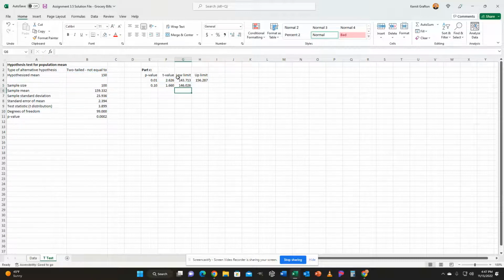Okay, then we'll just do the adding here. You want to be able to compare the sample mean to the upper and lower limits and be able to see what the p-values are, and then be able to make an answer to the question.